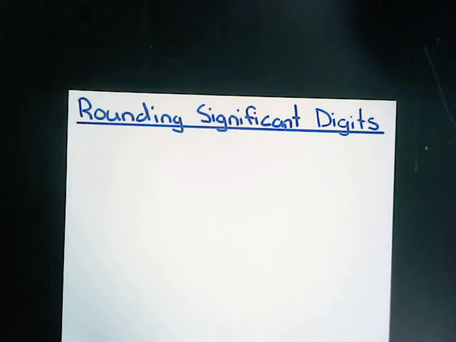Okay, so for rounding off of significant digits, the first thing that we need to know is this. Answers should not have more significant figures or digits than the original data with the fewest figures and should be rounded.